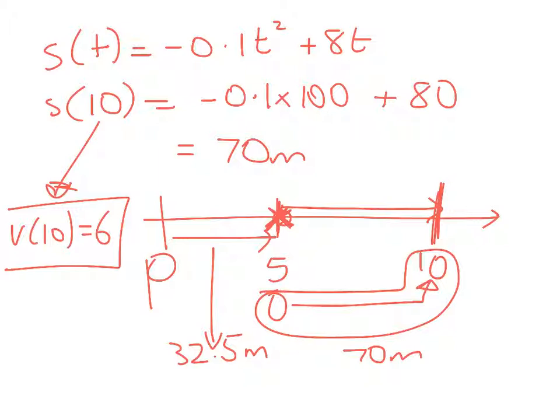So the total distance from point P is equal to 102.5 metres.